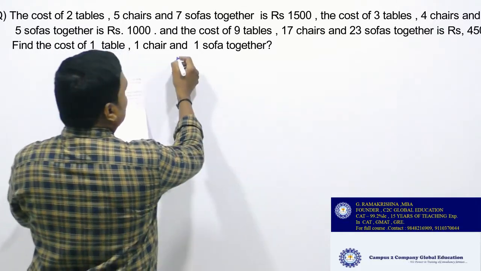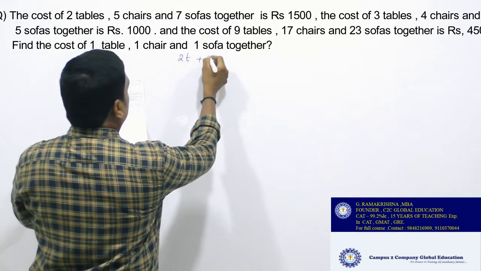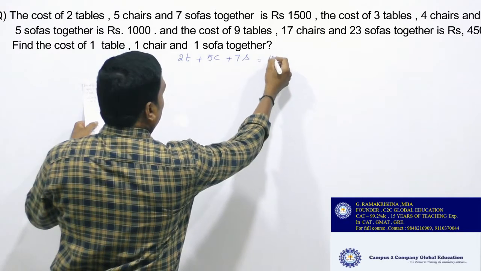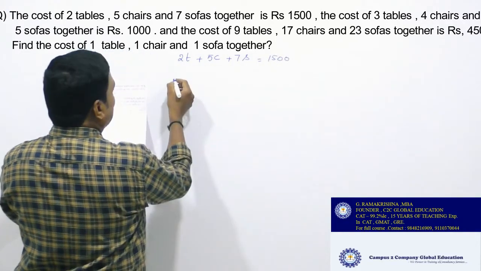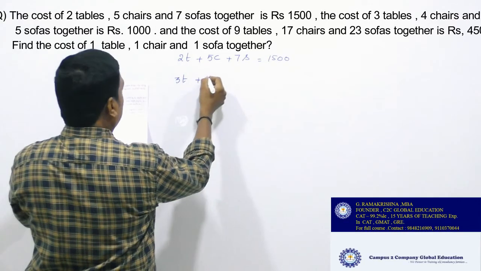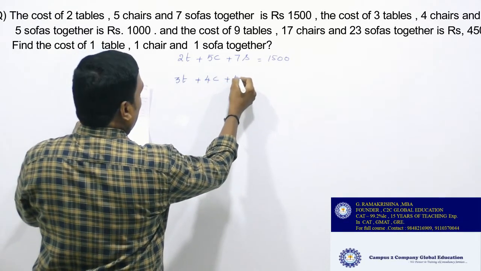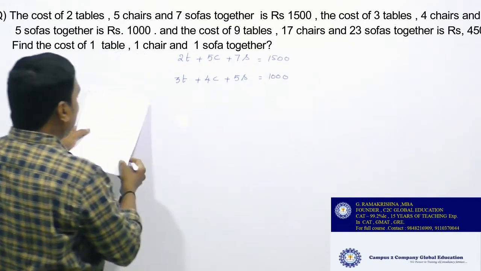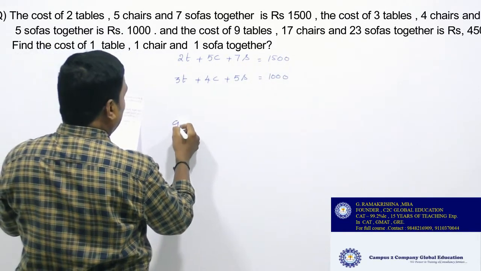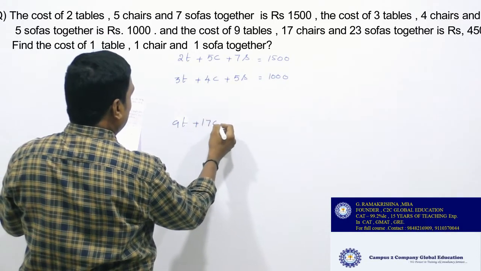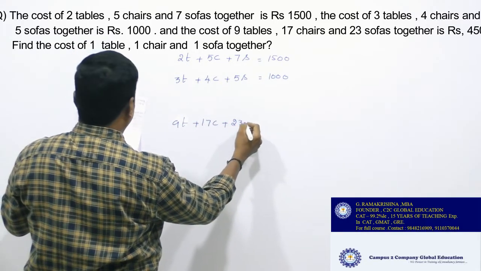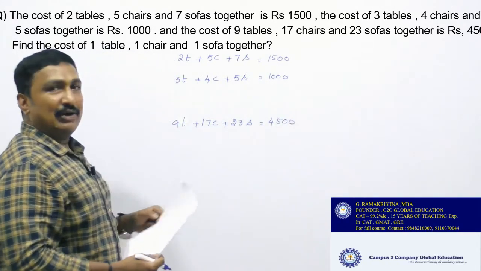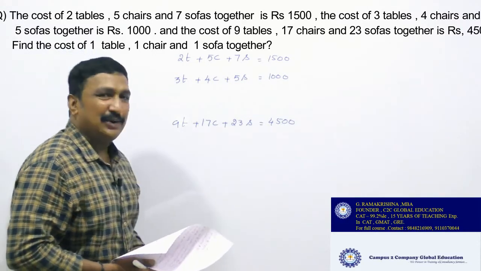First equation is 2 tables, 5 chairs, 7 sofas together 1500. Similarly second equation, 3 tables, 4 chairs, 5 sofas is equal to 1000. And third equation is 9 tables, 17 chairs, 23 sofas together 4500. Right friends? So we have to find t plus c plus s.